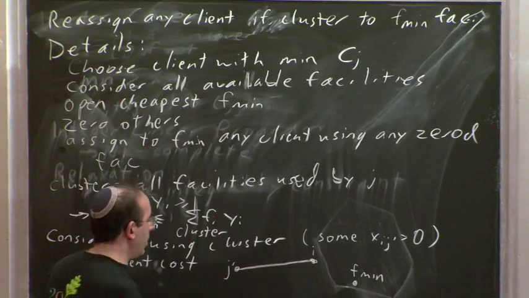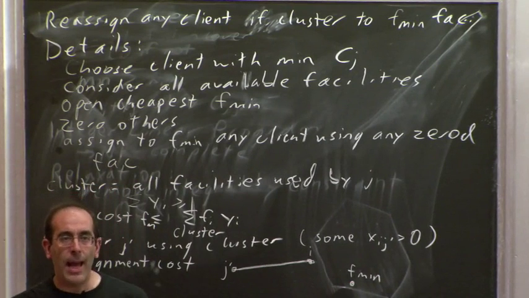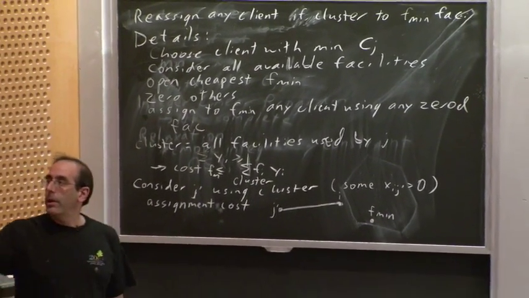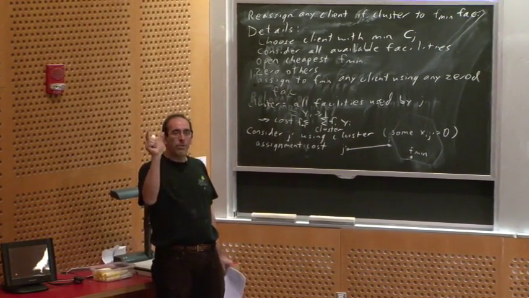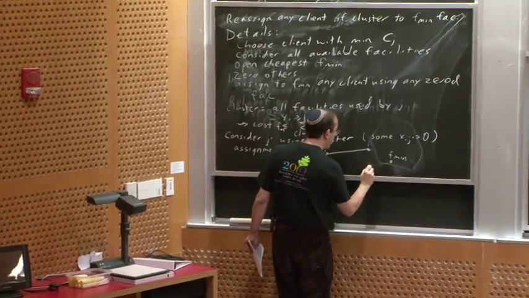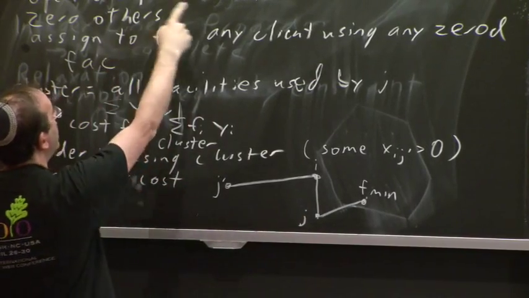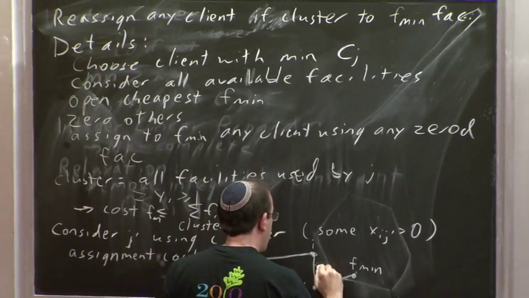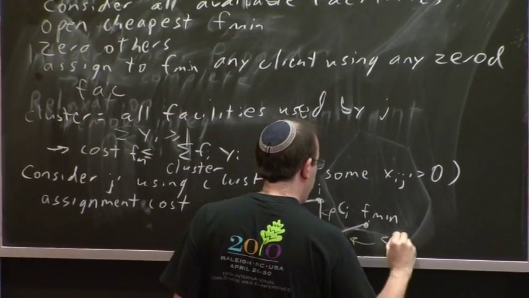Now, what I'd like to argue is that switching this guy from I to fmin did not add very much to his assignment cost. How can I make that argument? Yeah? I and fmin were both serving the same client. Good. So I and fmin were both serving this client. So in other words, there's this j over here, which had the minimum value of cj. Okay. So what we know is that this is less than rho times cj. And we also know that this is less than rho times cj.